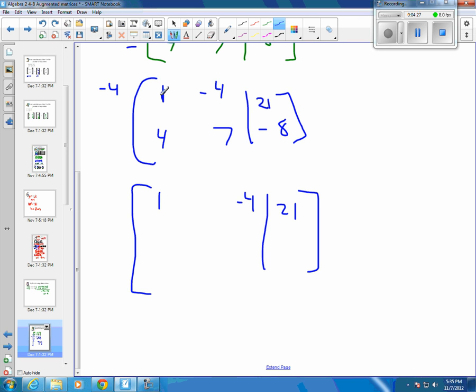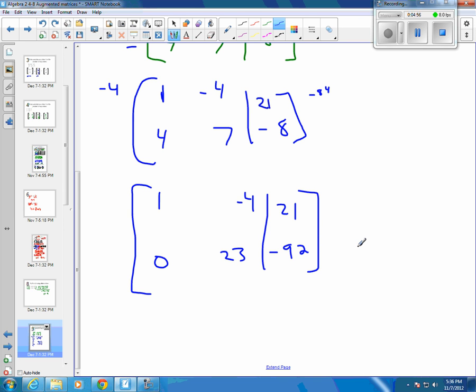So -4 times 1 added to the 4, and this seems really complicated, would be 0. -4 times -4 is positive 16. Positive 16 plus 7 is a 23. And -4 times 21 is a -84. Added to -8 would be a -92.